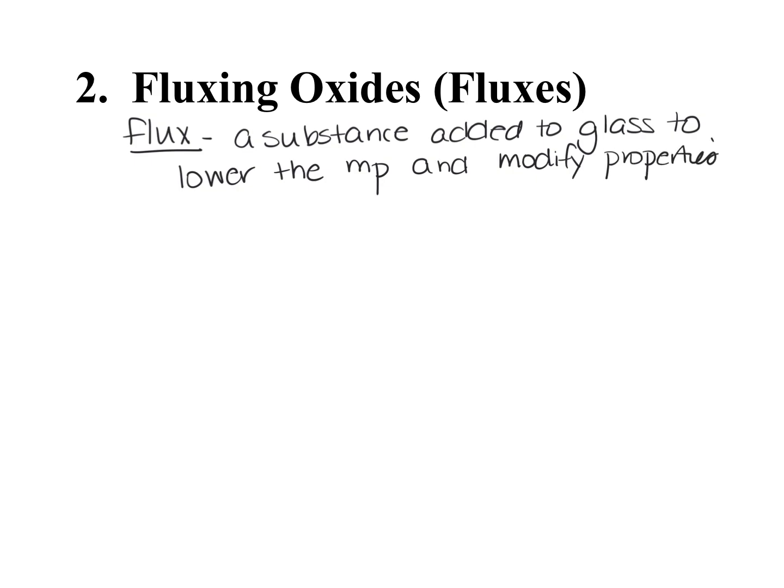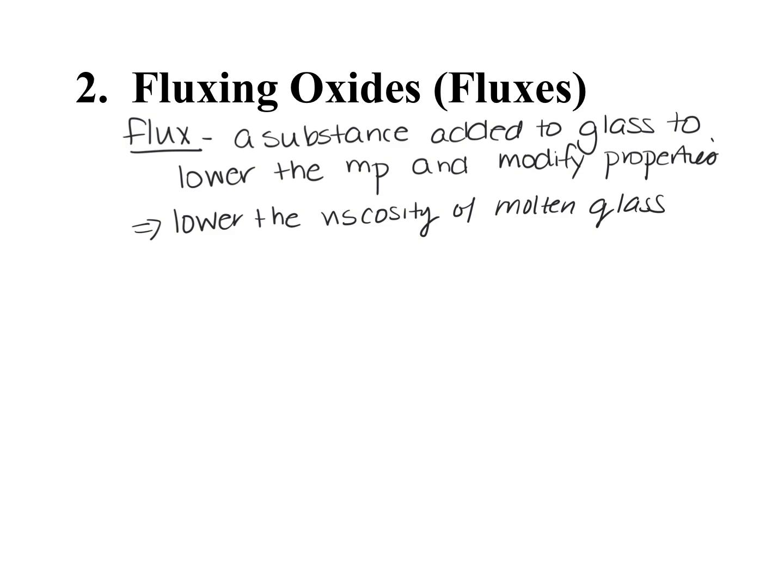Right? So these are used to lower the melting point of silica. They also are used to lower the viscosity of molten glass. So viscosity is how quickly something flows, or how slowly something flows. And so they're going to lower that.